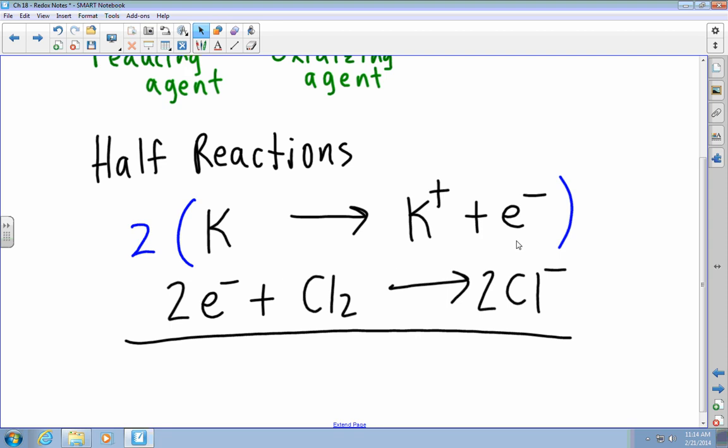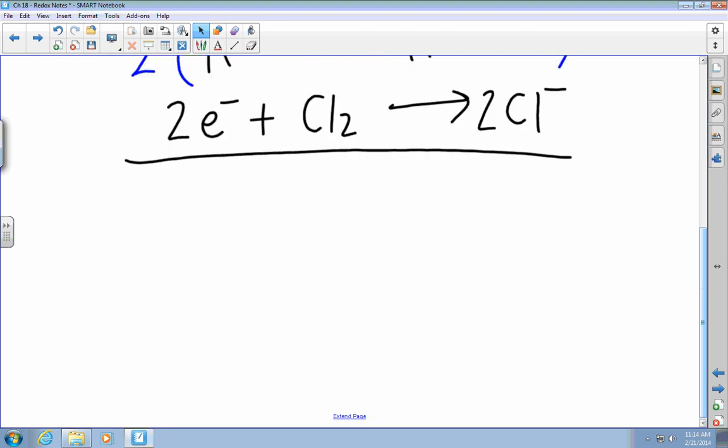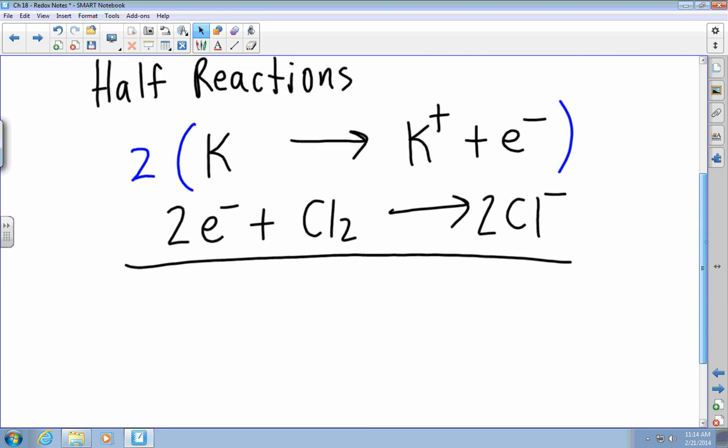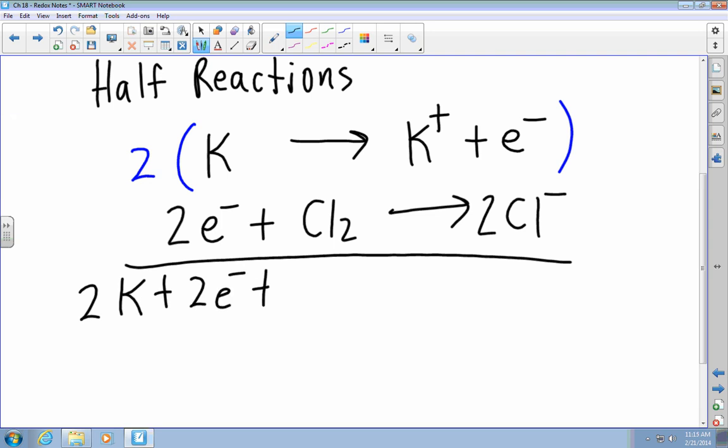So the 2 potassiums, if you double that first reaction, they'll give you the 2 electrons that are going to get gained in the second reaction. So if we add up these 2 half reactions, then we'll have 2 potassiums plus 2 electrons plus Cl2.